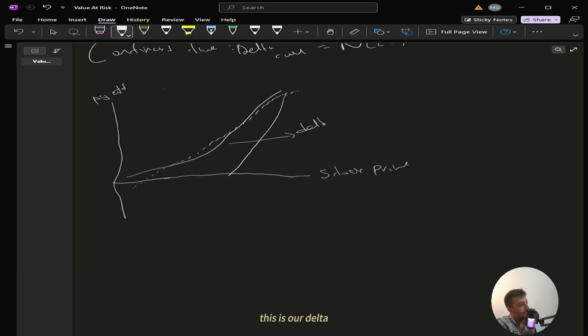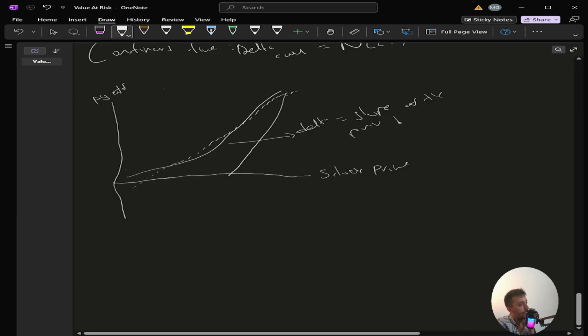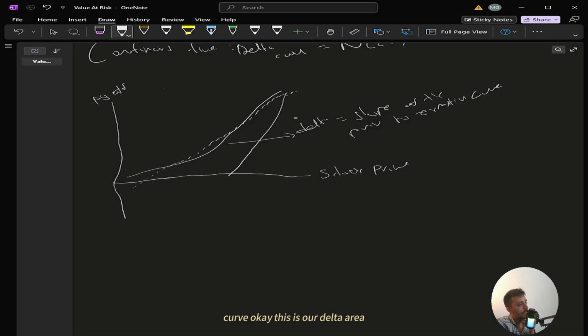Our delta is the slope of the prior to expiration curve.